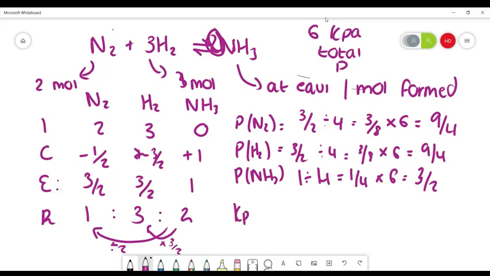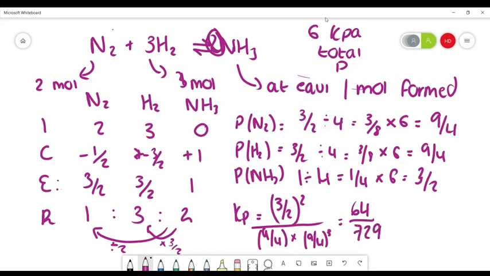Plug that into your Kp expression, where you need to remember your stoichiometric coefficients. 3 on 2 squared over 9 on 4 times 9 on 4 cubed, which equals 64 on 729.